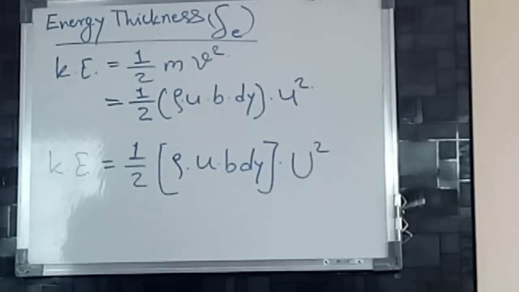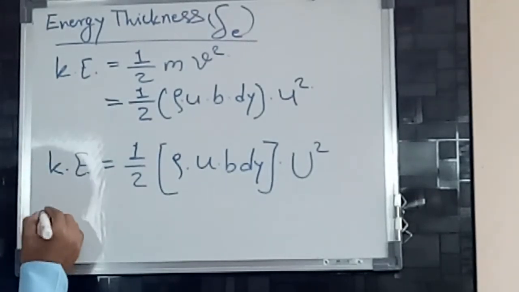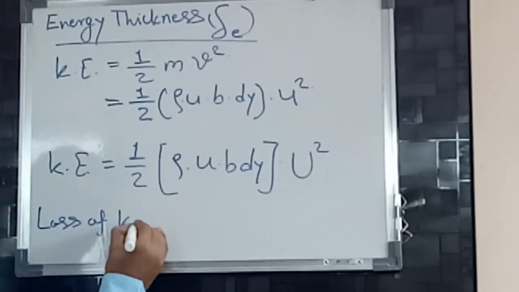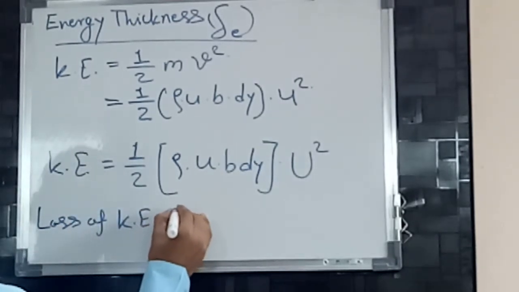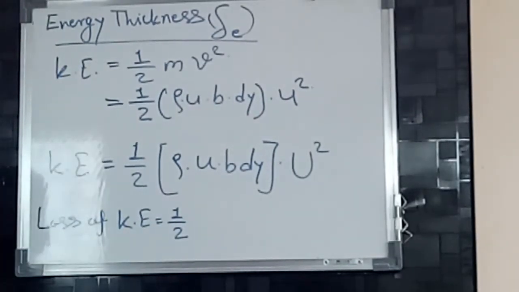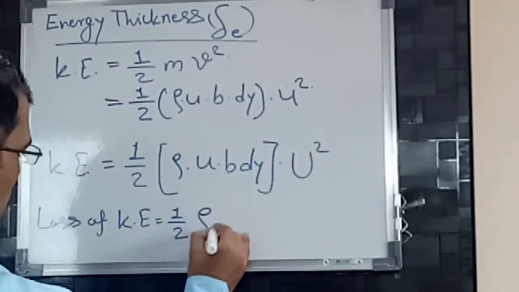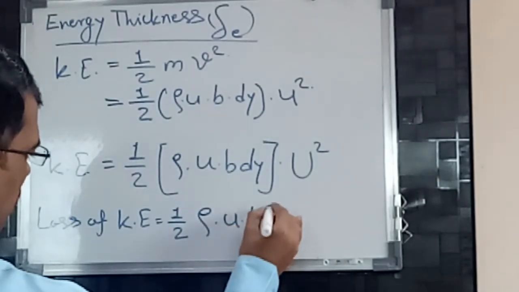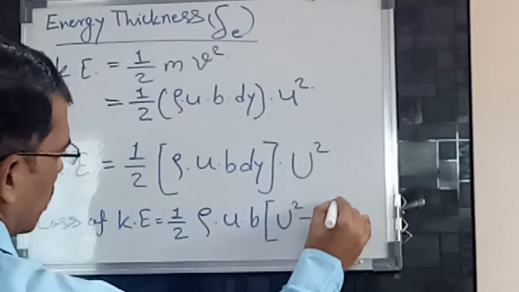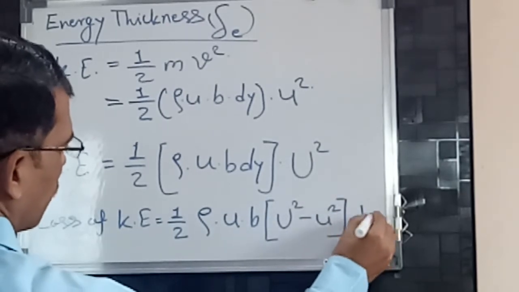Now the loss of kinetic energy. So what will come? Loss of kinetic energy is 1/2 rho u b into U square minus small u square into dy.